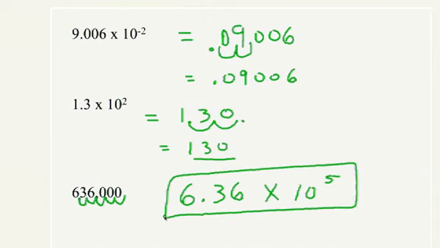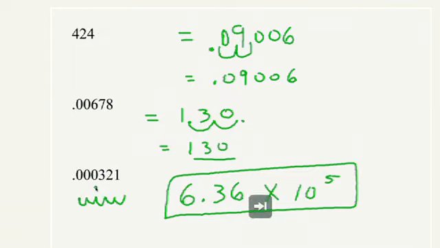And again, as Jerry said earlier, if you start off with a big number, this exponent will be positive. If you start off with a really small number, this number will be negative. So let's do an example of a few more of these. Again, I'm looking for the number hidden inside here that's between 1 and 10.